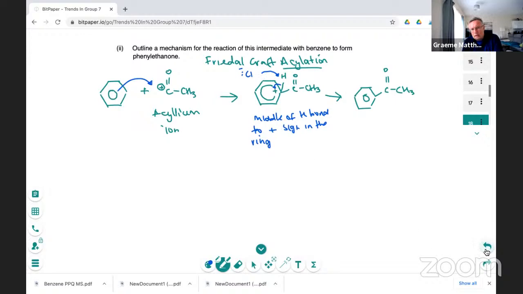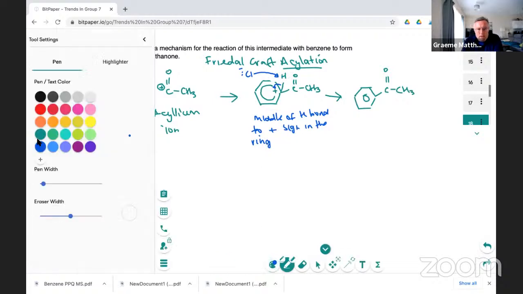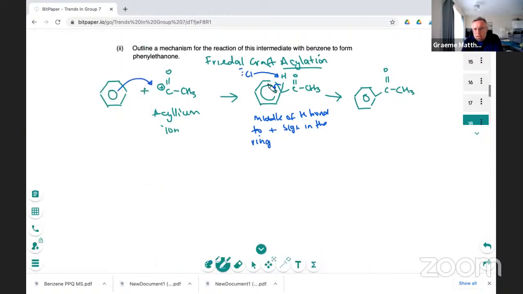I don't like the way that arrow looks. Hold on, can I just do it again? Like this, look. The chloride ion attacks the hydrogen, donates it in like this. Right. And then you've got this. Right, so I formed the ring.